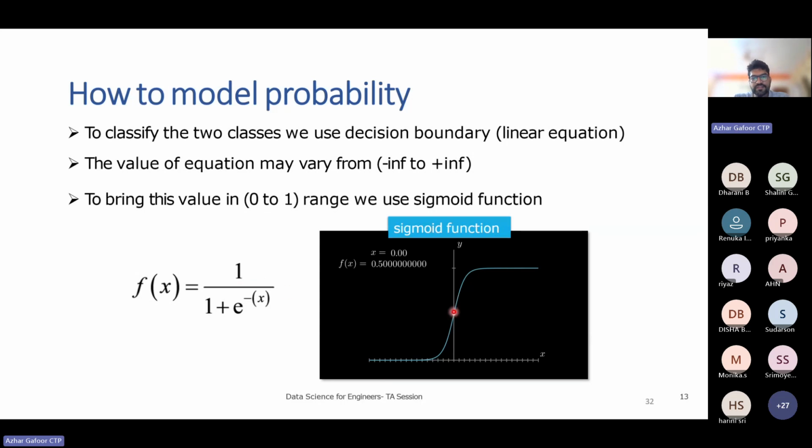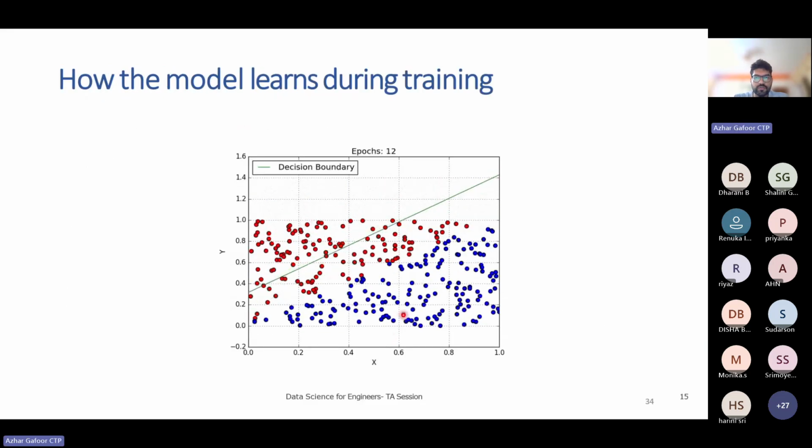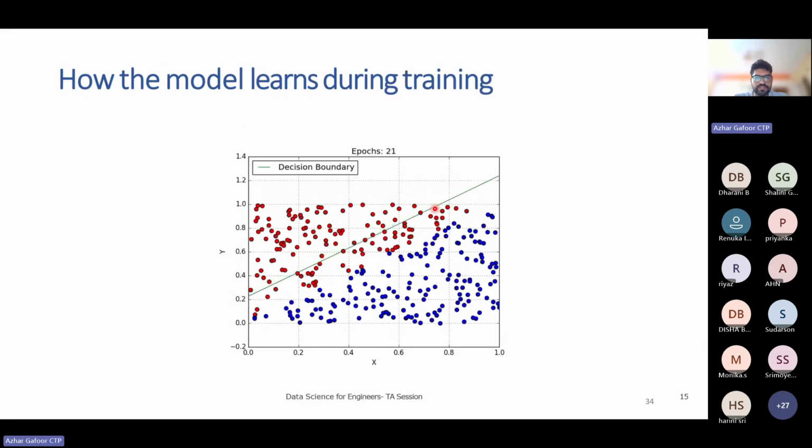Now here, if we set the threshold as 0.5, whatever comes in this part, we'll take it as one class, and whatever comes in this part, we'll take it as the other class. So here is an example of how the decision boundary is set.